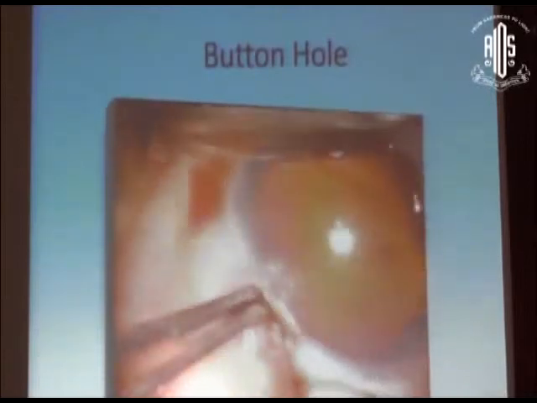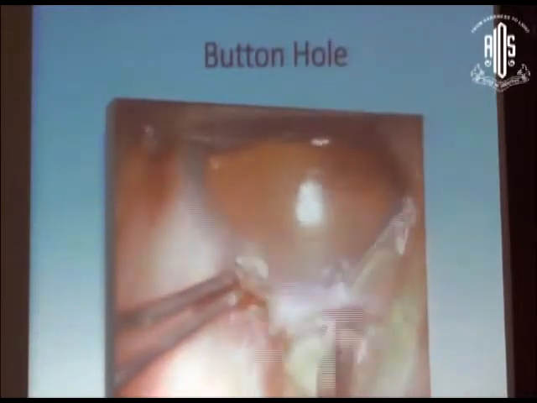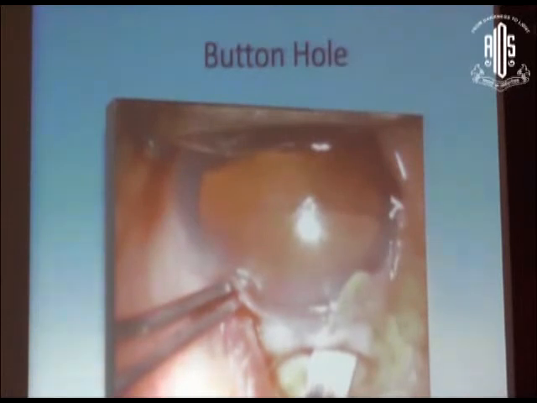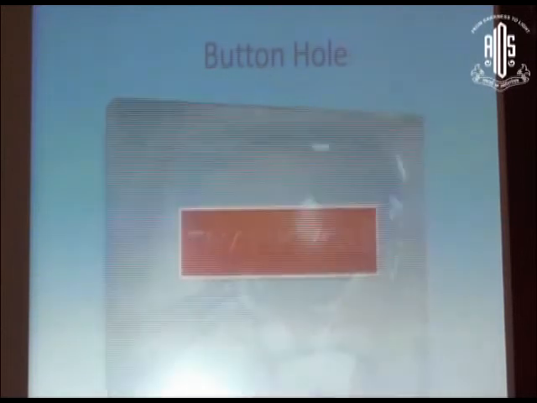Every time we should take care of that, we should not forget our plane. Otherwise it is very difficult. So just after buttonholing, respect whatever plane you have created, and follow that plane while constructing the tunnel. Thank you.